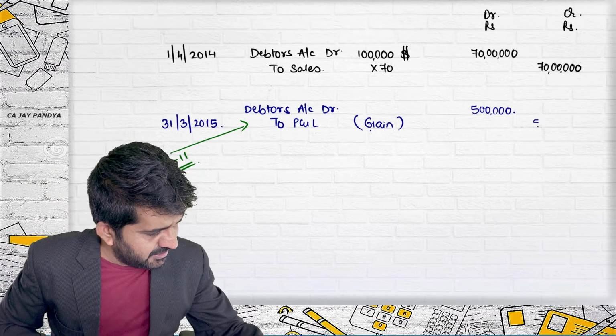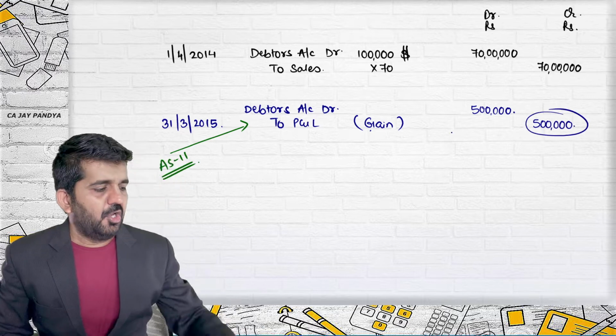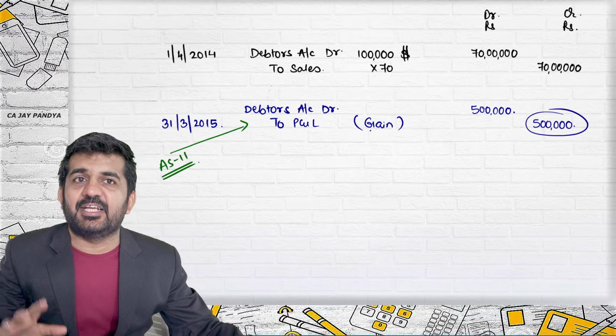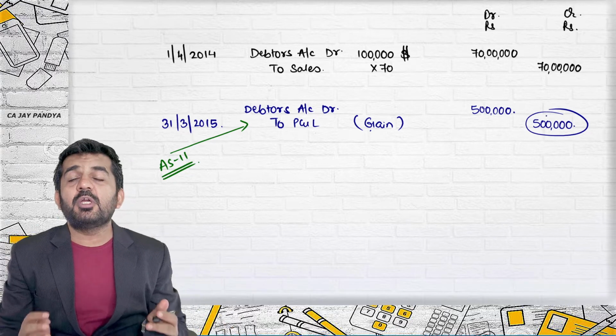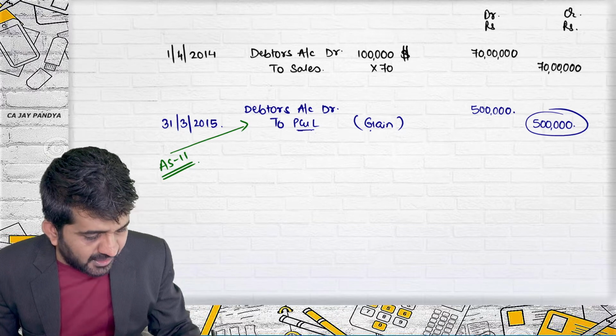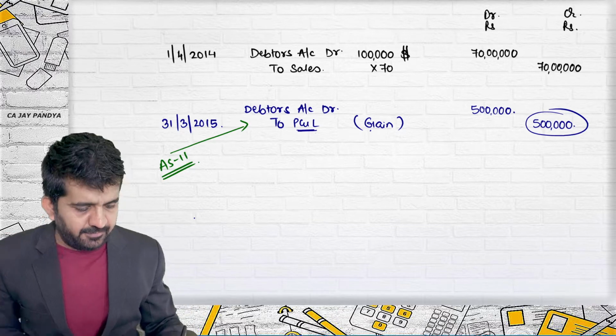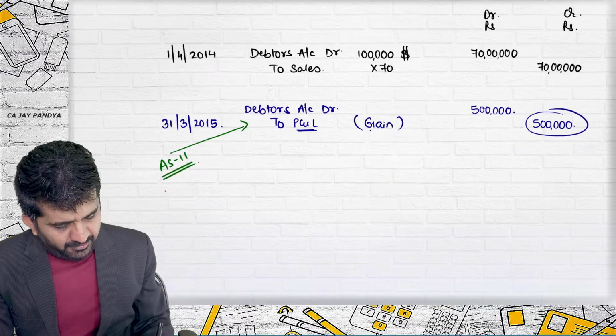How much gain is it? 5 lakh. Again, you might not be logically understanding this because we have not completed AS 11. What we are trying to understand right now is what are the problems that are created by AS 11. You need to say this profit will go where? Correct. We are going to the third date, which is 5/5/2015.